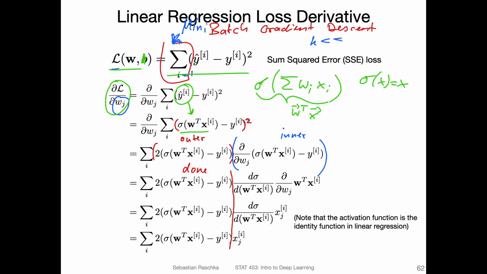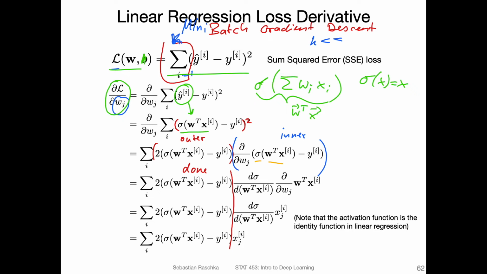Now let's take a look at the inner derivative. We see there is another chain rule application required, right? Because again, we have different things going on here. We have the activation function, and then there is the value inside the activation function. So let's consider the chain rule again, where we compute the outer and the inner derivative.